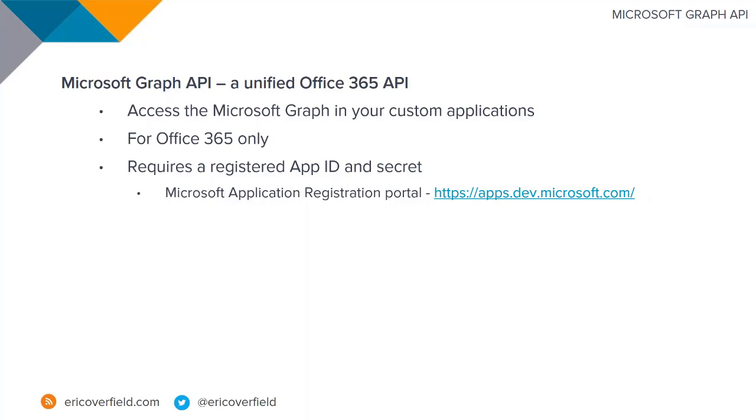One little catch to the Graph API is the permissioning model is kind of interesting, and it can require some time to get used to it. Basically, within Azure Active Directory, you need to create an application ID and a secret. So there's the Microsoft Application Registration Portal where you register your app ID and your secret.